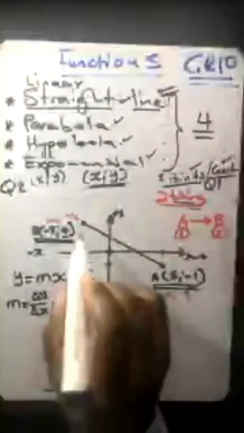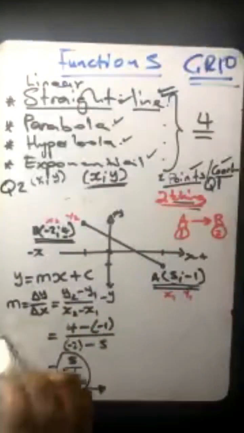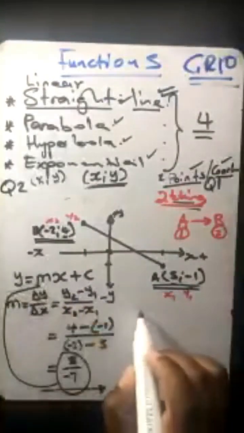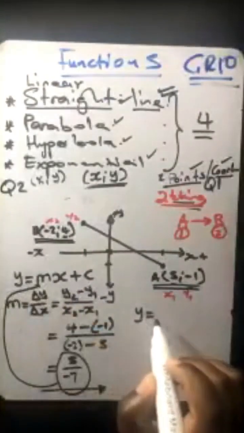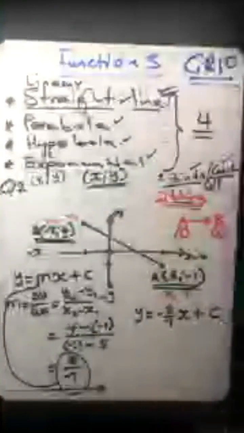So this is actually the gradient of that straight line. So we can now take our gradient and substitute it into that. So that means we're having y equals -5 over 7x plus c.